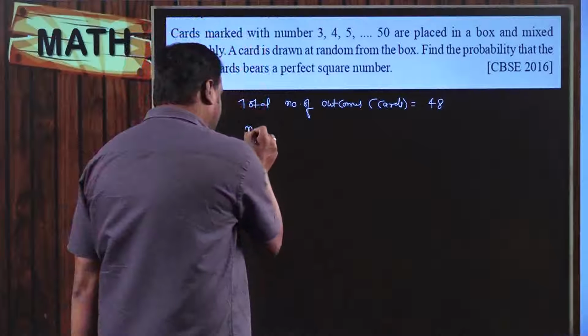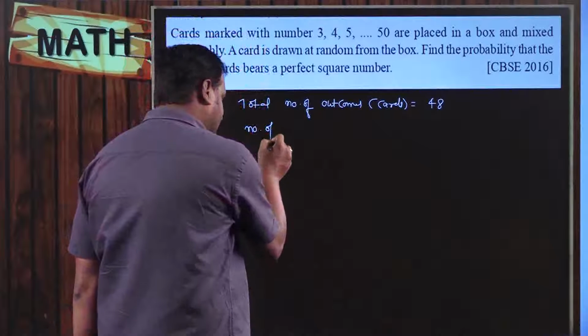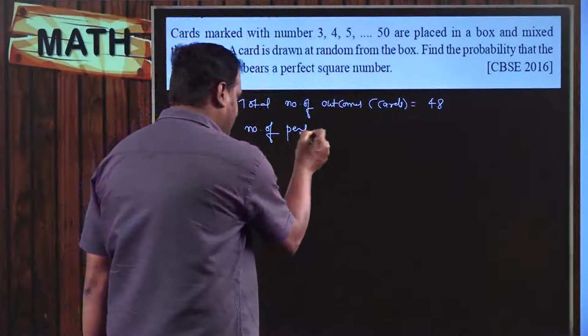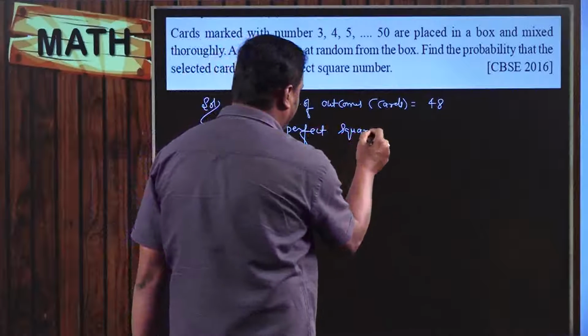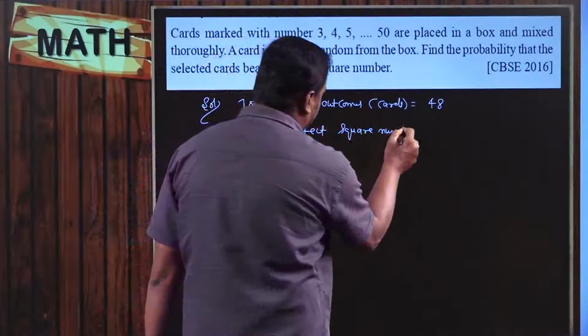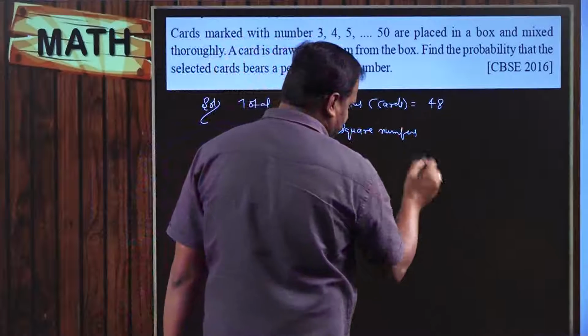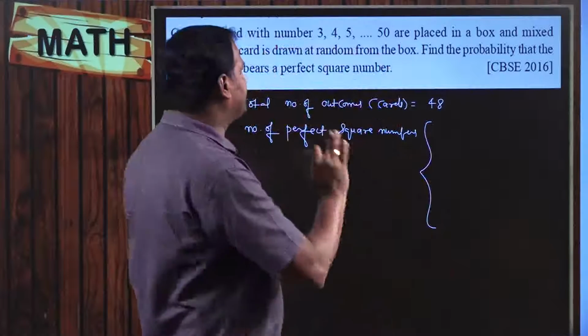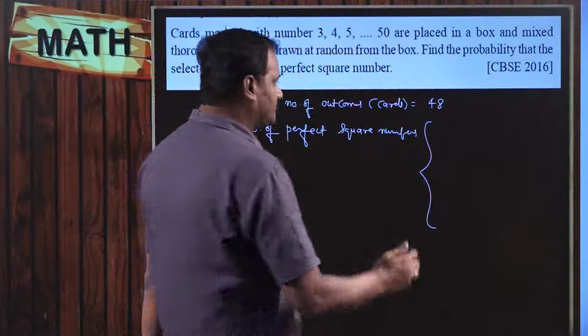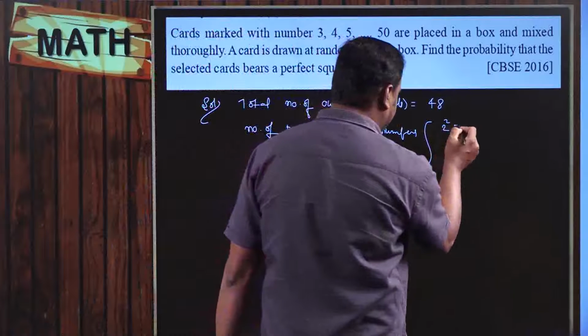So what are number of perfect square numbers? Now I am going to list out all these perfect square numbers. 1 square is equal to 1 is not there. So 2 square is equal to 4 is there.